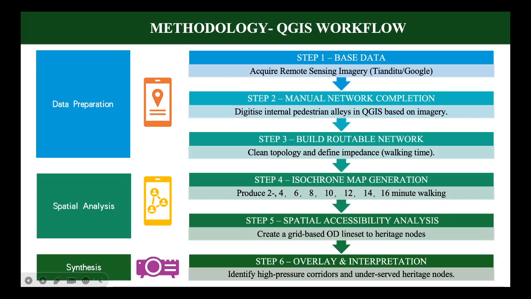Finally, by overlaying these outputs, I identify key flow corridors and underserved heritage nodes, which provide practical evidence for heritage-sensitive circulation planning.